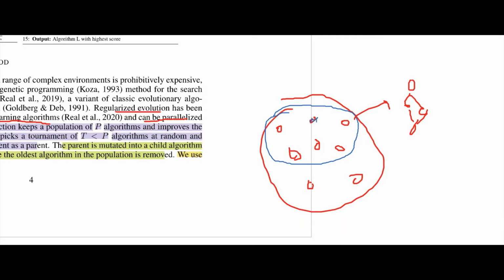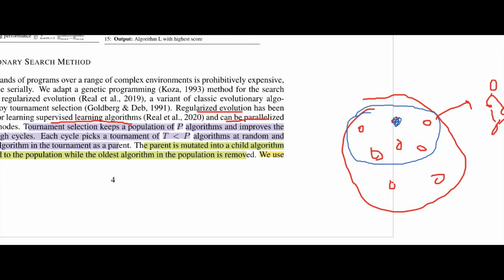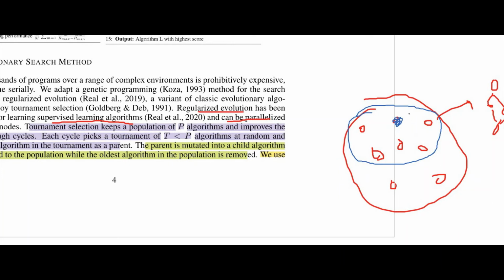So suppose this is the loss which led to the best agent, then this would be the parent of the next generation. You take this and mutate it into a child algorithm, and this child algorithm is added into the population, and the oldest algorithm is removed.